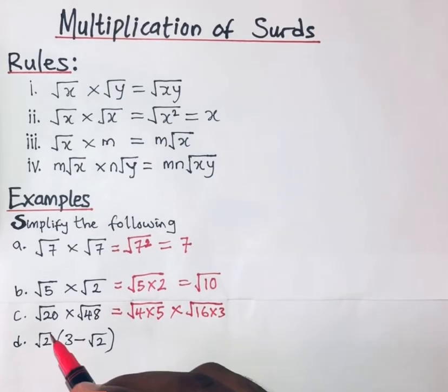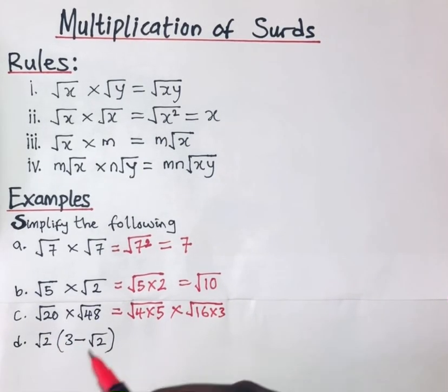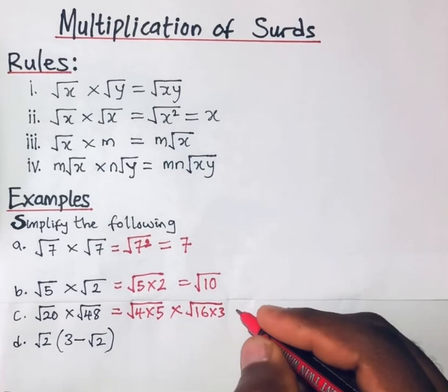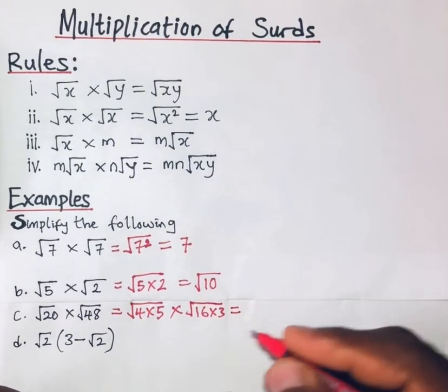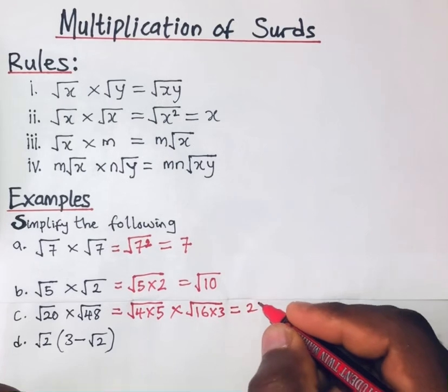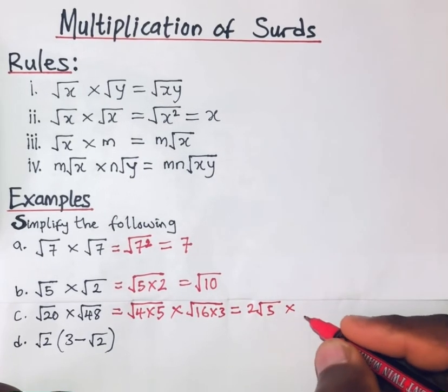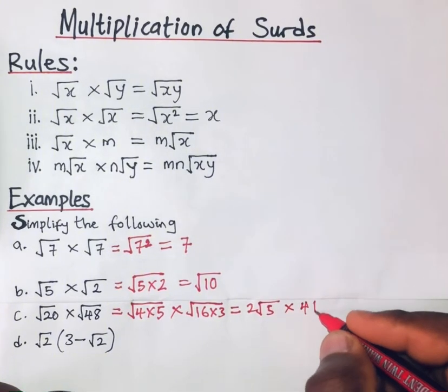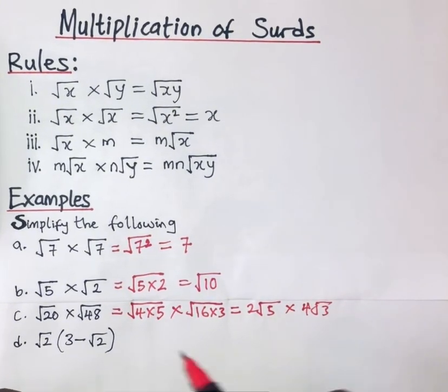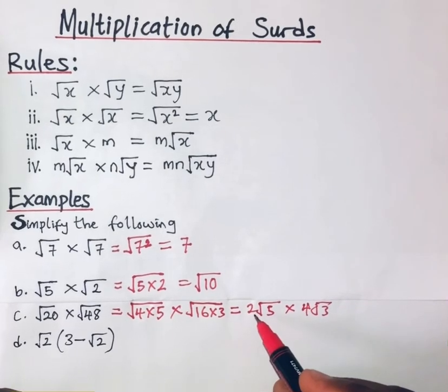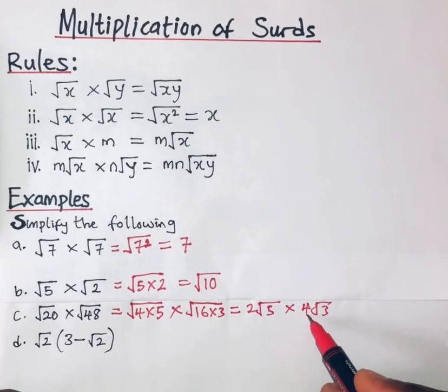Because 4 times 5 is 20 and 16 times 3 is 48. Then when you try to simplify this further, you are going to see that we have 2 root 5 multiplied by 4 root 3. Because the square root of 4 is 2 and the square root of 16 is 4.